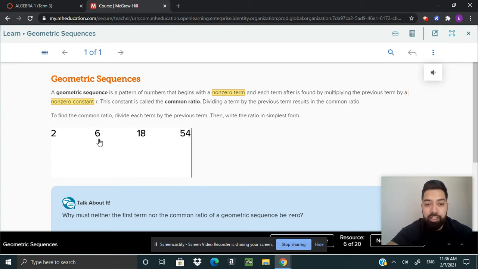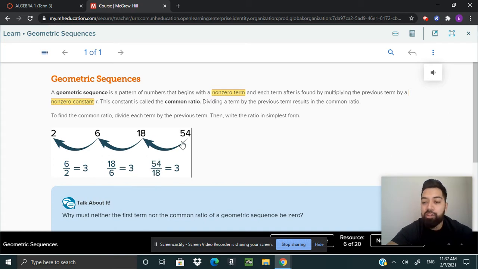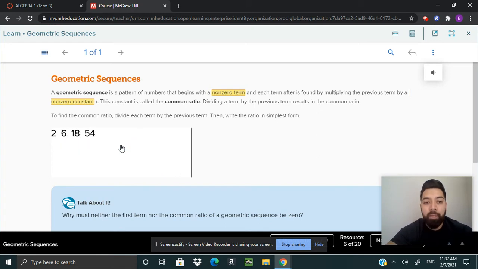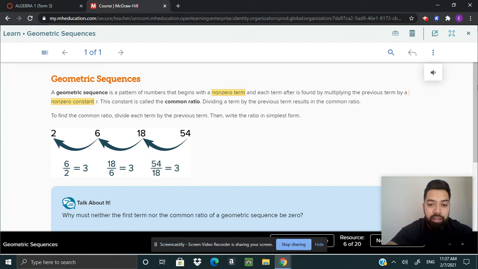So for example, 6 divided by 2 gives us 3. You can also take 18 divided by 6, and you get 3. You can do that anywhere in the sequence as long as you're taking each term and dividing it by the previous one. That should give you the common ratio. Okay, so that's how you find the common ratio.